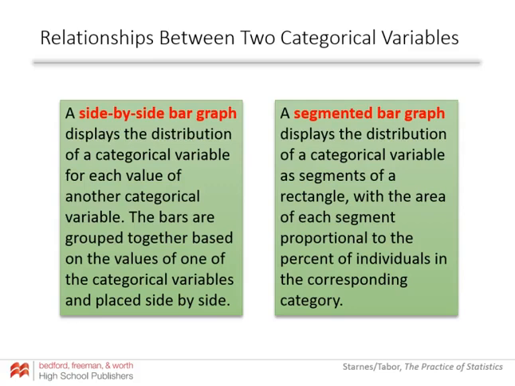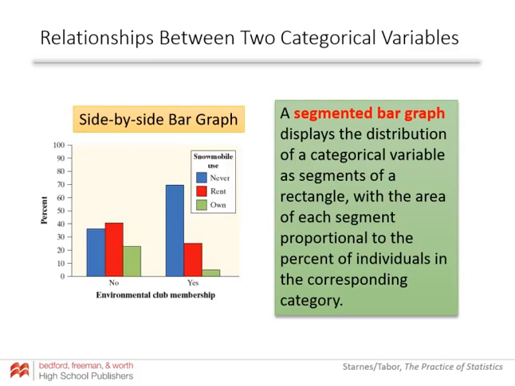Okay, last thing that we can look at to compare, because those two-way tables are a lot of numbers, is that we can split things into two different graphs. We can do either a side-by-side bar graph, or we can do what's called a segmented bar graph. In a side-by-side bar graph, we show out of the people that are not in environmental club, the percents, and then out of the people that are in environmental club, the percents. That's one way to look at the data.